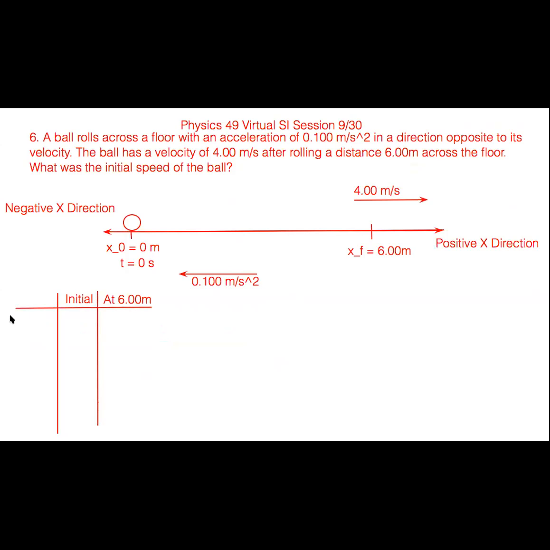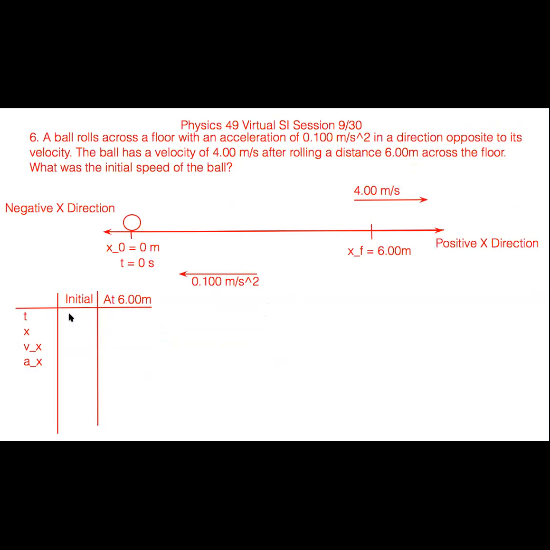We're going to say this is time, or let's do just t. T for time. x for position in the x direction, or on the x-axis. Velocity x and acceleration underscore x. So let's look at time first.